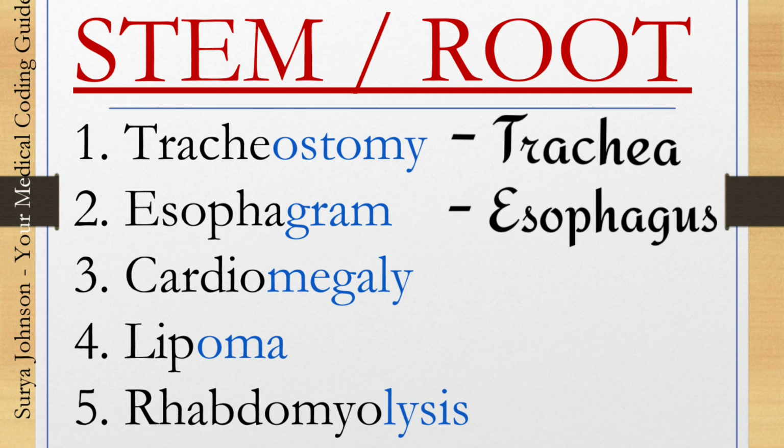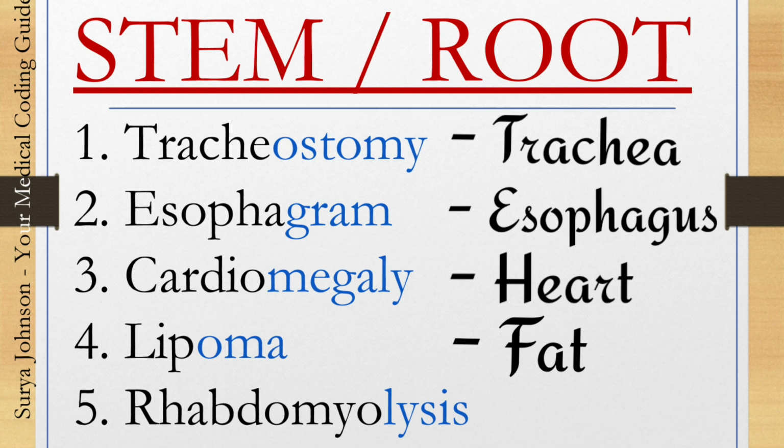The third one, what does the root word cardio in the word cardiomegaly mean? You're right. What does the root word lipo in the word lipoma mean? You're absolutely right. The last one, what does the root word rhabdomyo in the medical term rhabdomyolysis mean?